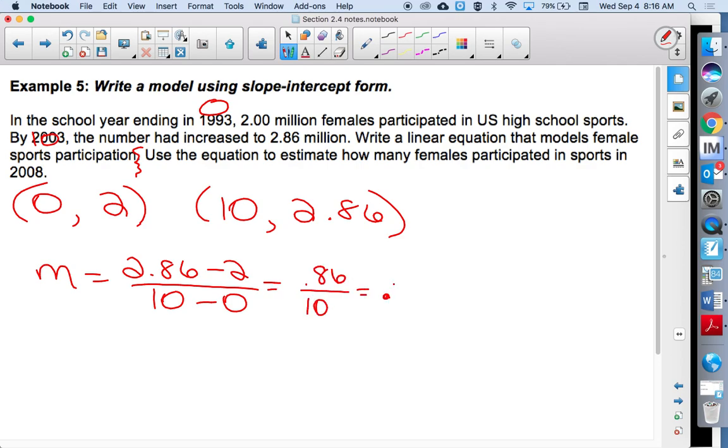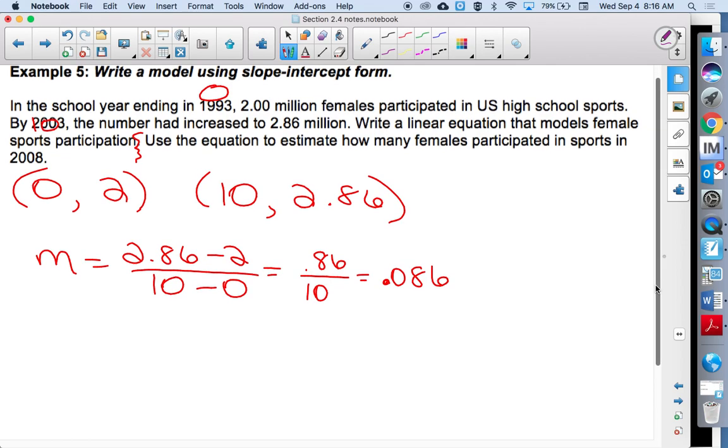And then try to use that point slope form to come up with the equation of your line.